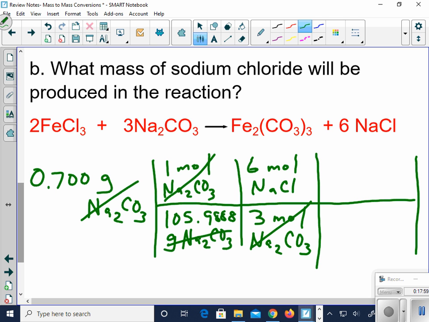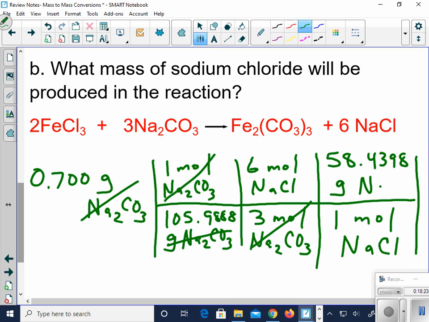My final step is going back to a mass. So I have 1 mole of NaCl, sodium chloride. That's going to have a mass of 58.4398 grams of sodium chloride.